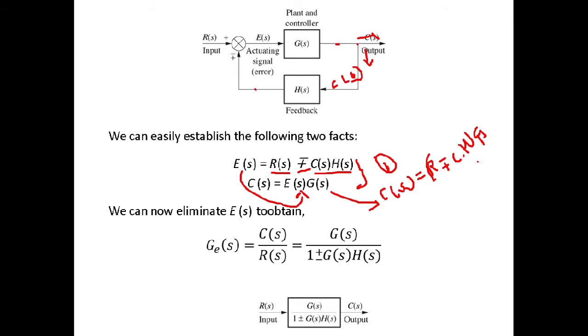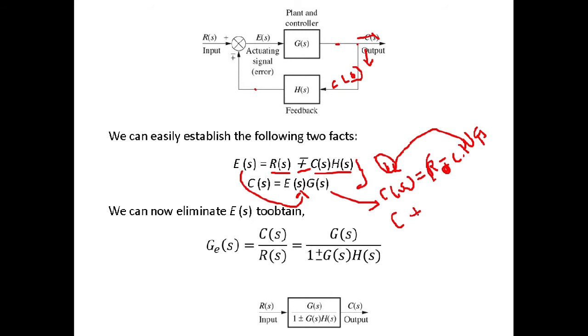Now we can see that G(s) and R(s) is here and C(s) is output. We want to find the ratio of output upon input. It means the C(s) we need to take this side. So if you take this term this side, let us consider that is minus only, not plus.